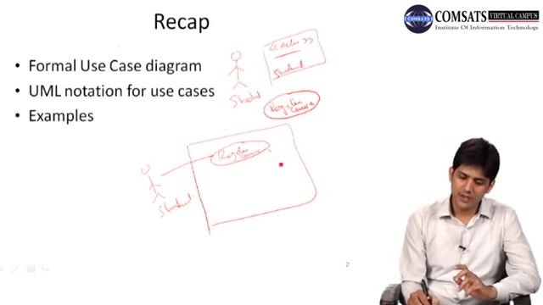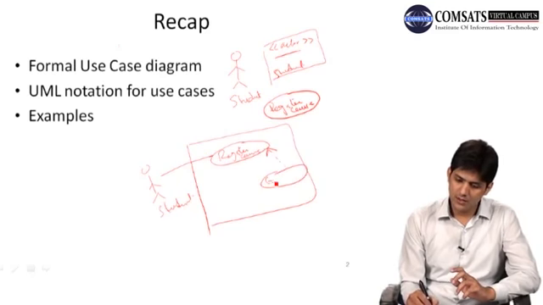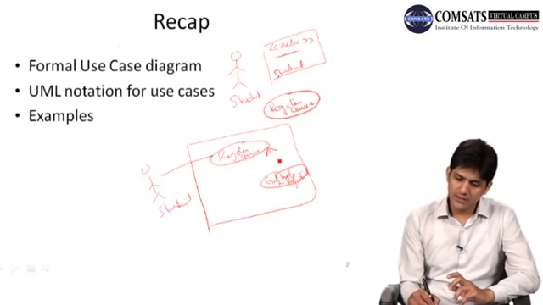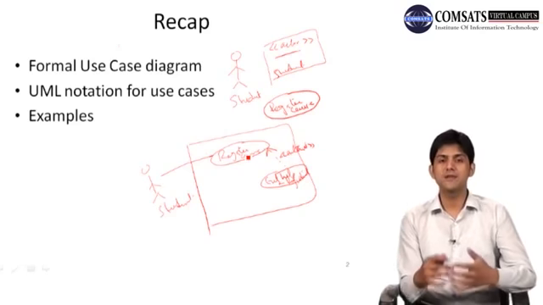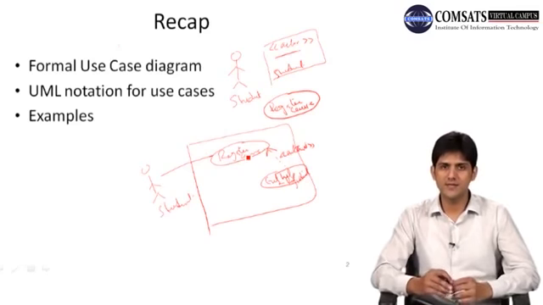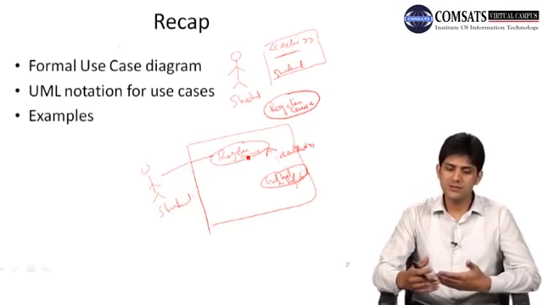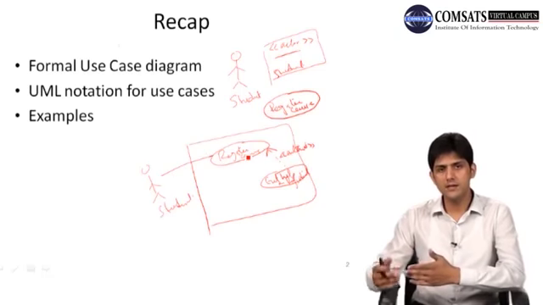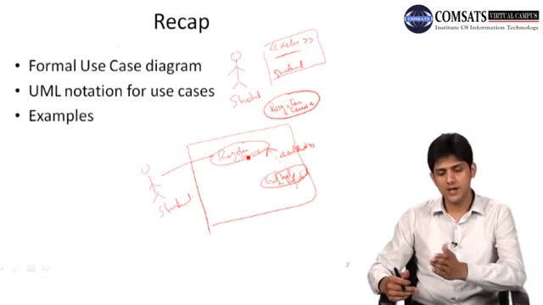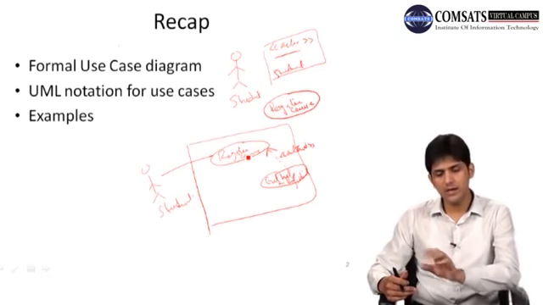So for example, if there is another use case which is get help on registration, now in this case, if we want to extend the functionality of register course, for example, a student doesn't know how to register a course, he is a fresh student and he needs some help, so we can extend this base use case, which is register course, by extending the functionality of this use case by get help.